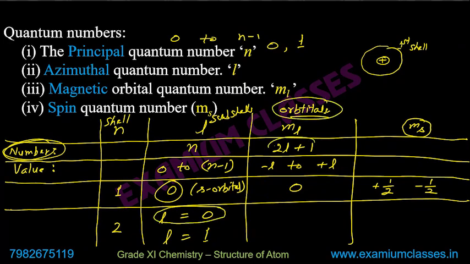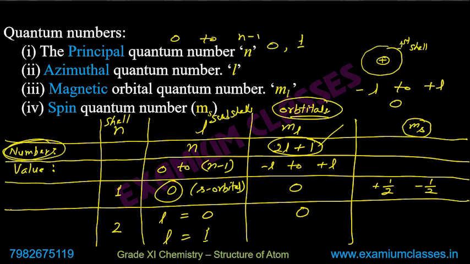Two different values will be obtained, these are two different subshells, one then 1, and what will be its value? 0. Because the value of orbitals will be from minus L to plus L. And if L is 0, it will be from 0 to 0 only.